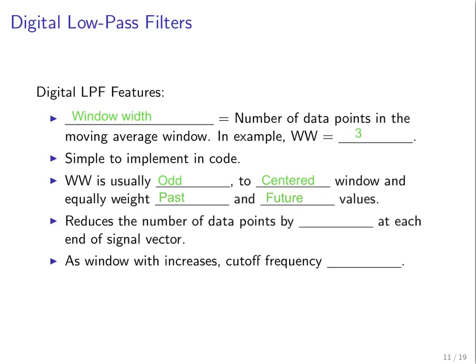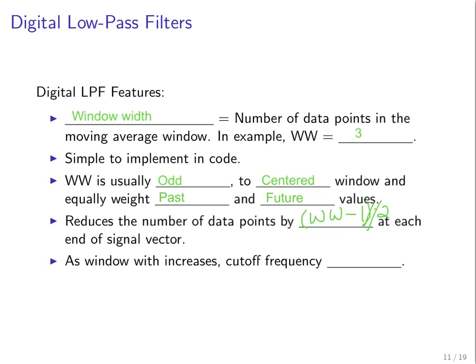Another thing to keep in mind about any low-pass filter like this is that it will reduce the number of data points by (window width minus 1) over 2, assuming that the window width is odd, at each end of your signal vector.